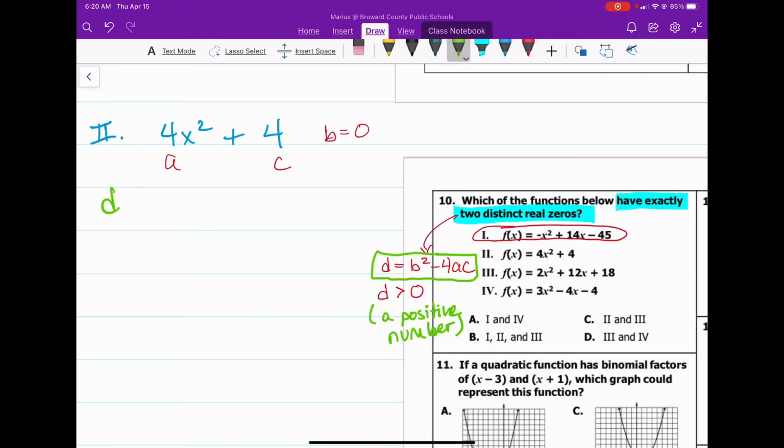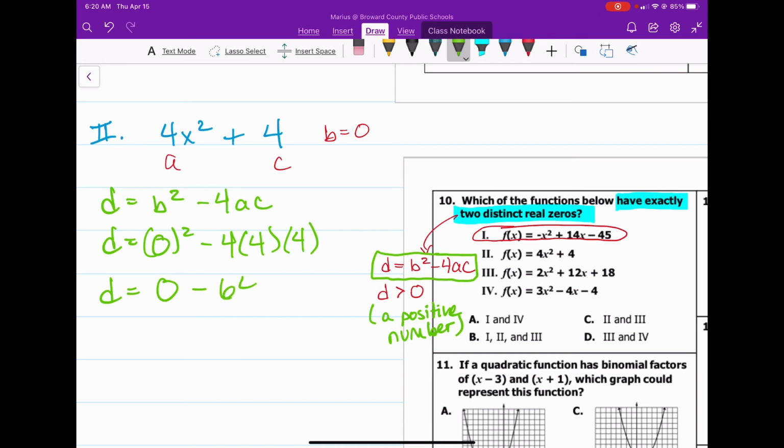So now we do D equals, remember, it's b squared minus 4ac. So D equals 0 squared minus 4 times 4 times 4. D equals 0 minus 64.